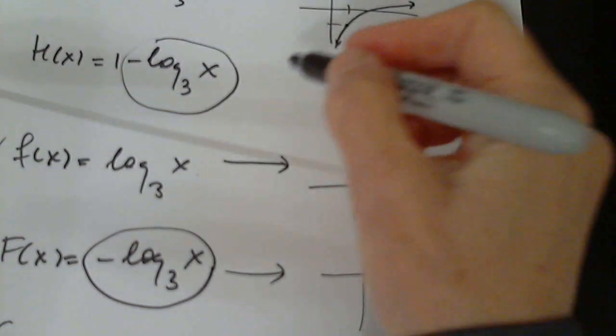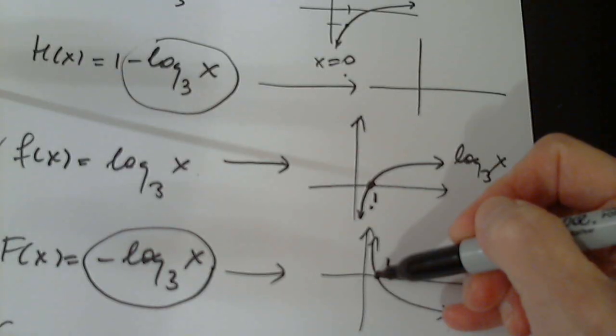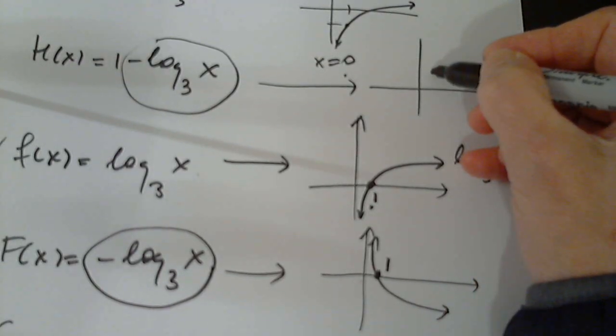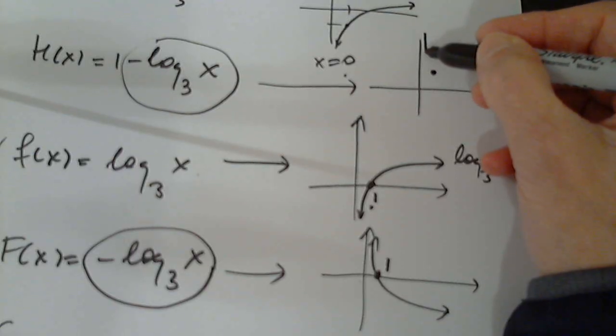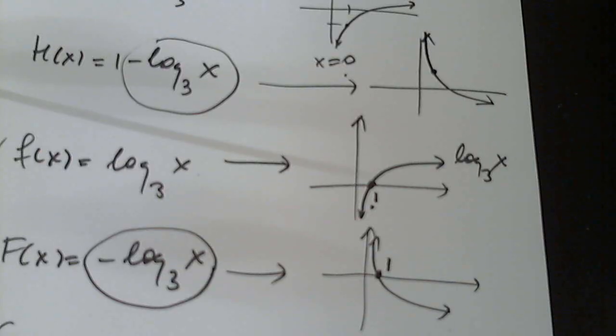Exactly, absolutely. So now the graph, instead of being here at 1 comma 0, will be up here at 1 comma 1. So that's uppercase H of x. So you can share. It will go up and cross at 1 comma 1. Yes, exactly. Although we know the answer, let's discuss the last one.